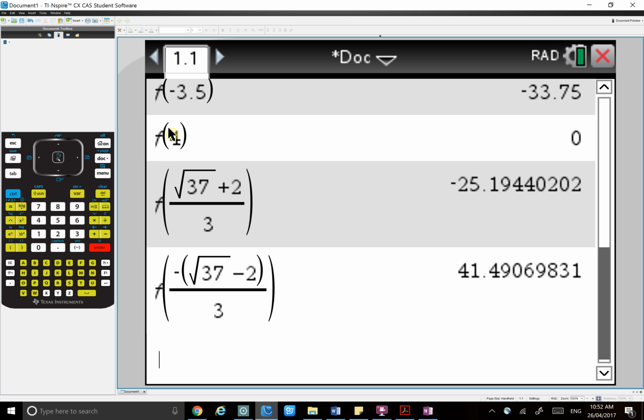And that's the local minimum value. If I use that one to compare with those two numbers, this one is more negative. Then this is the local minimum, and this is the absolute minimum.